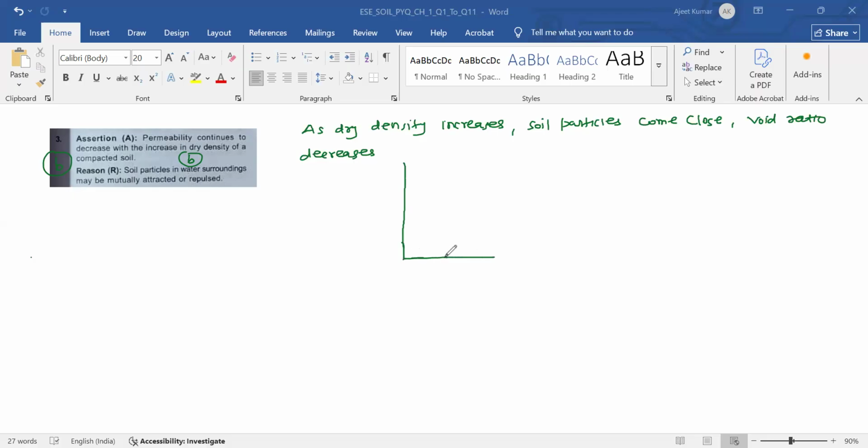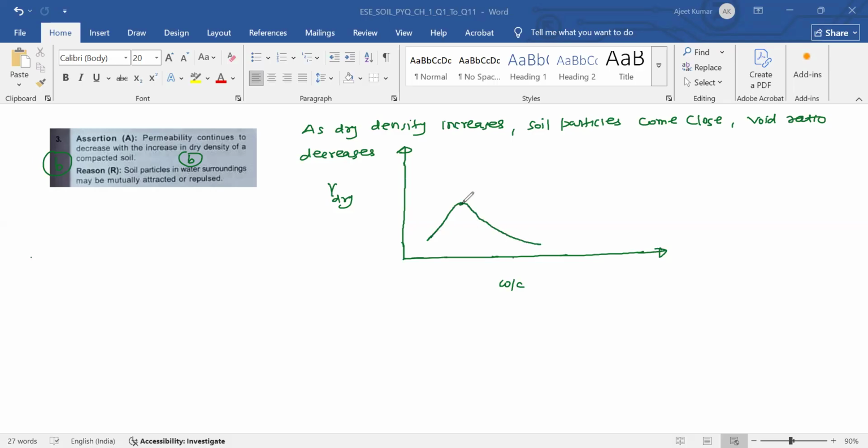Okay, if we plot the graph between dry density and water content, then it will look like this. This is on x-axis, it is water content, and on y-axis, this is gamma dry density. Okay, and if we draw the graph, the graph will look like this.